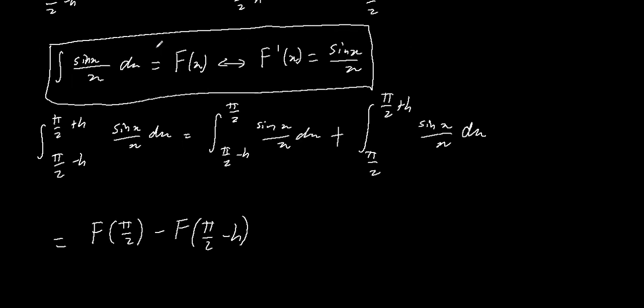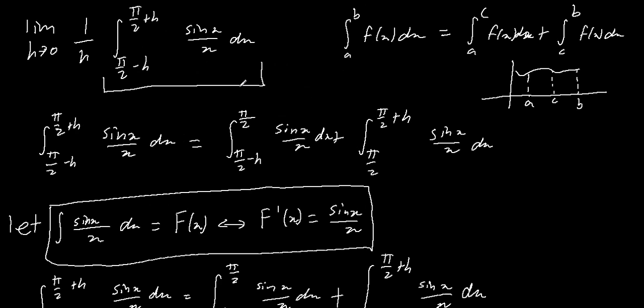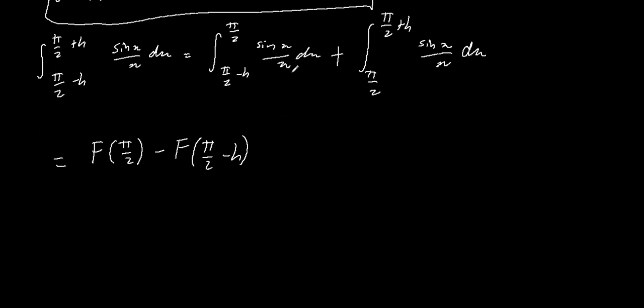That's what we let it be. Now I just subbed in the values, and that's literally what definite integration does. This is just the integration part itself. I haven't taken the limit at all. Let's take the limit of the entire thing. Actually, I haven't finished this. This was only the left part.